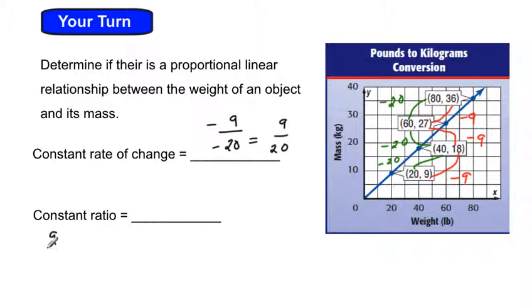So we should get 9 over 20, and that should equal 18 over 40, which should also equal 27 over 60, which should equal 36 over 80. If you were to try any of those, you would get the exact same ratio of 9 over 20, which, when you divide that on your calculator, your constant ratio is 0.45 in decimal.